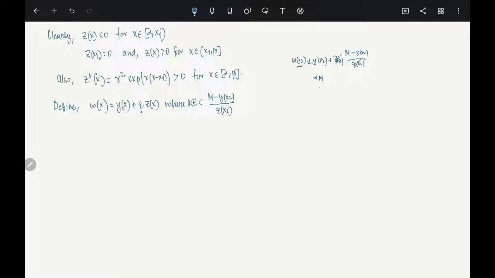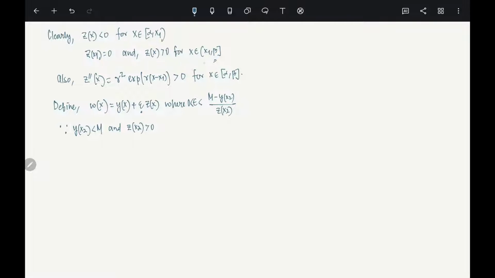You see, we are constructing this w in such a way that w at the point x2 should always be less than m. Why we are doing it, I will explain right now. This is the reason why we are choosing an epsilon like this. Now, since y of x2 is less than m, as I have explained, and z of x2 is positive, because x2 lies between x1 and beta, right?